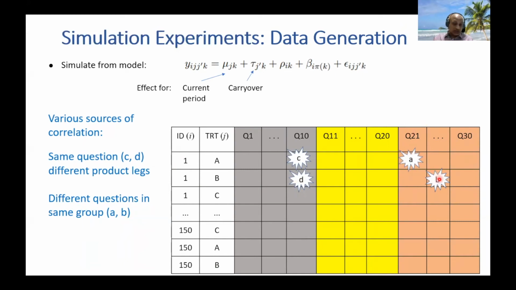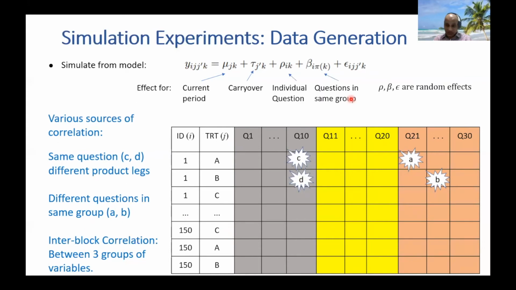Therefore, those are also expected to be correlated. Finally, the inter-block correlation, which is the correlation between these 3 groups of questions. So the correlation between the gray group, yellow group, and the orange group of questions. In our simulation, we introduced various levels of correlations between these 3 blocks of variables. I will skip the mathematical details because of time constraint.